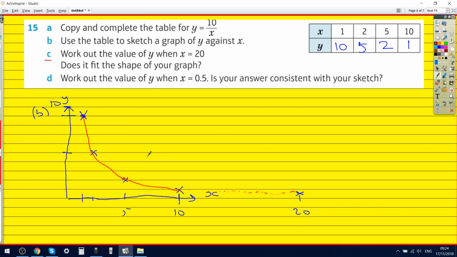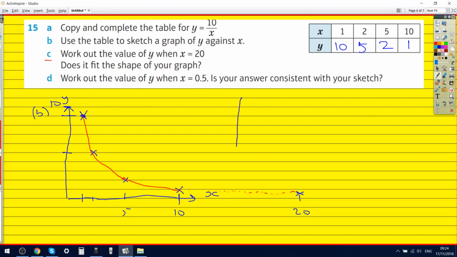And then it's saying work out the value of y when x is 0.5. So y equals 10 over x, y equals 10 over 0.5. So y is 20. Does that fit 0.5, 20? Yeah, I think that's it. So it's like halfway and then it'll be up here.